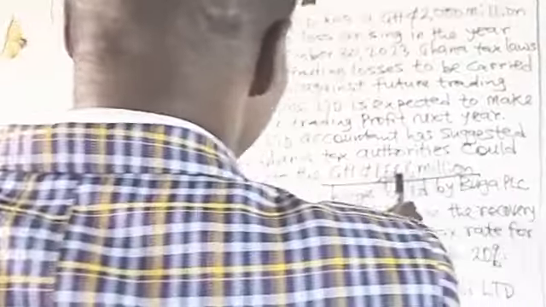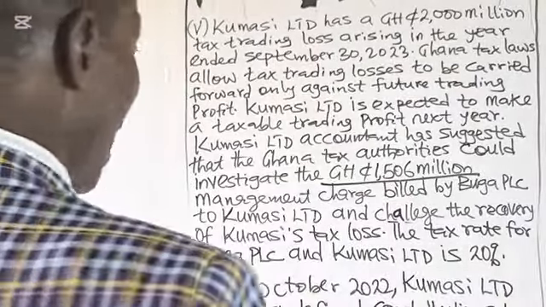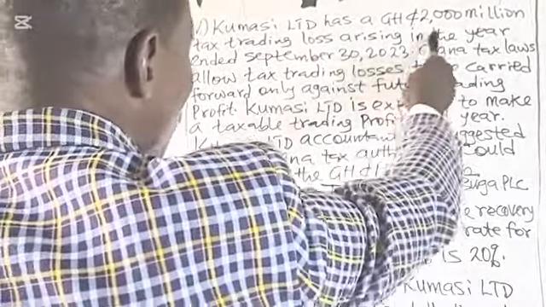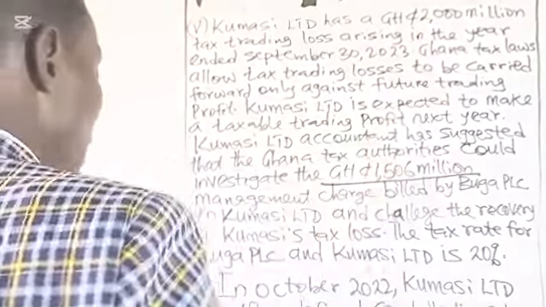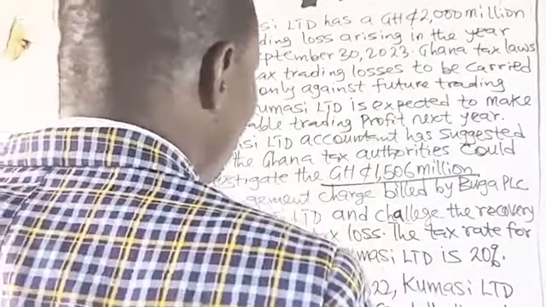So because of that, this amount that will be questioned or investigated is not allowable. So we take the tax loss of 2 billion, and we add the non-allowable expense of the management charge of 1,506 million.